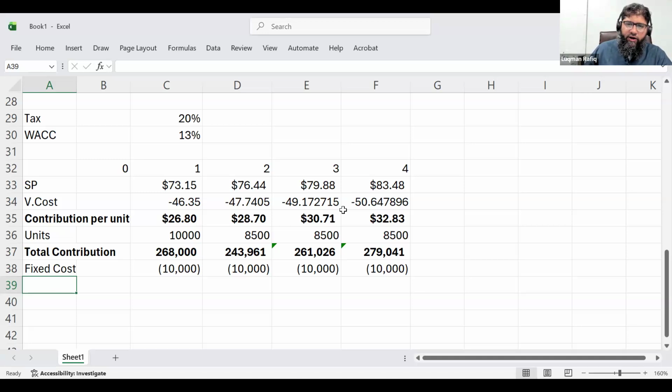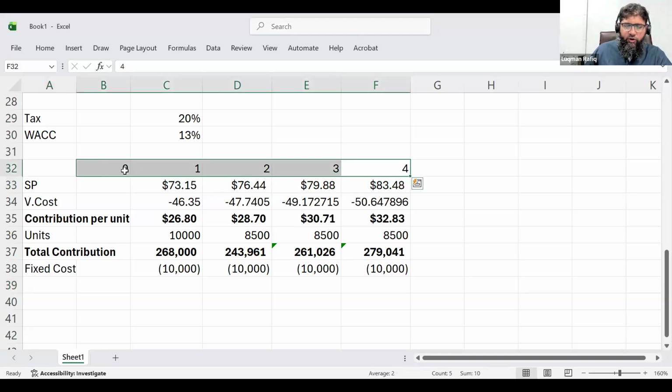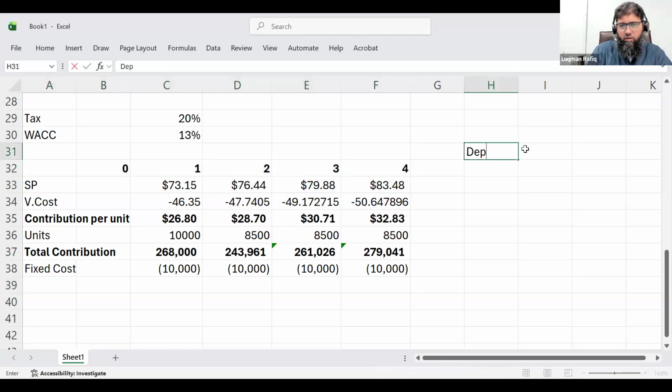What we are going to do with respect to the depreciation is we're going to do it like this. Depreciation. Now, it says here, the tax savings on depreciation.